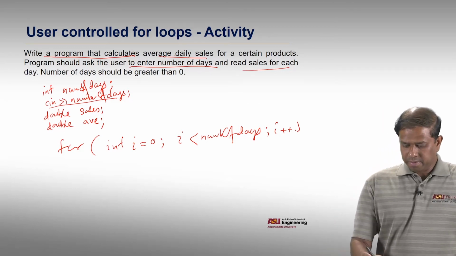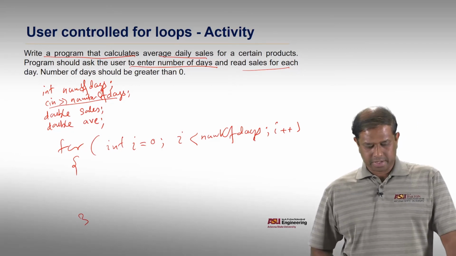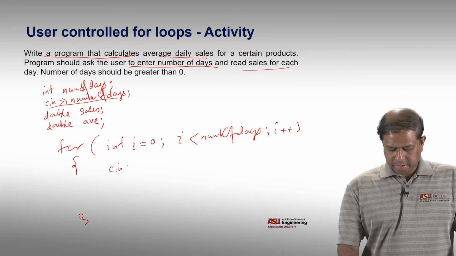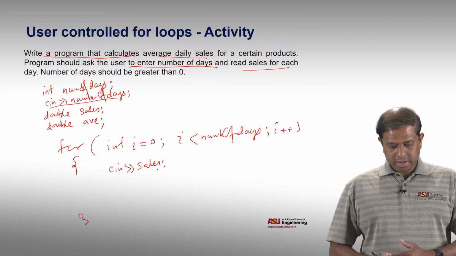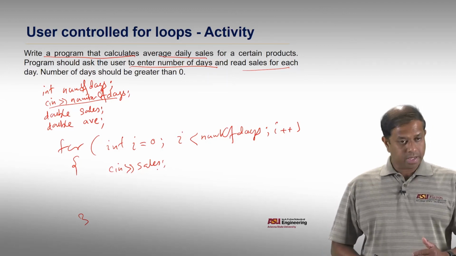That will run through this for loop for that many days. Inside the loop, we need to read the sales value. Once we are done reading all of these sales values, the next thing we need to do is to determine the average.